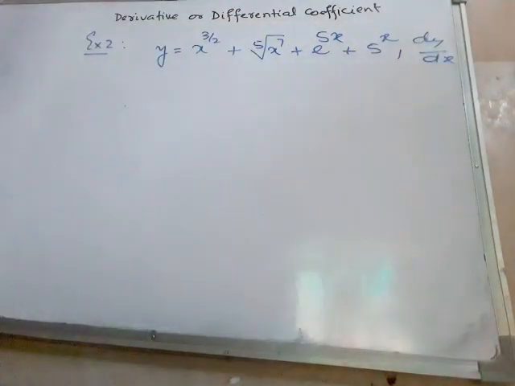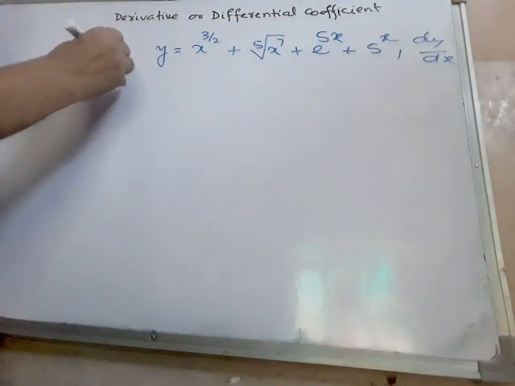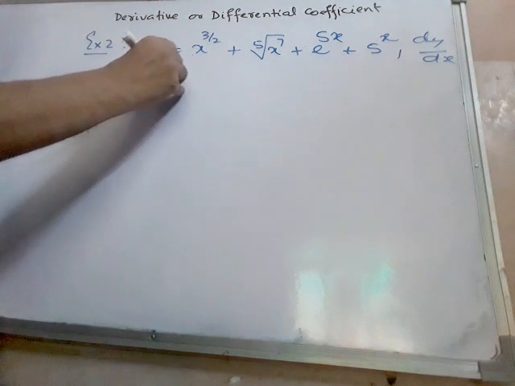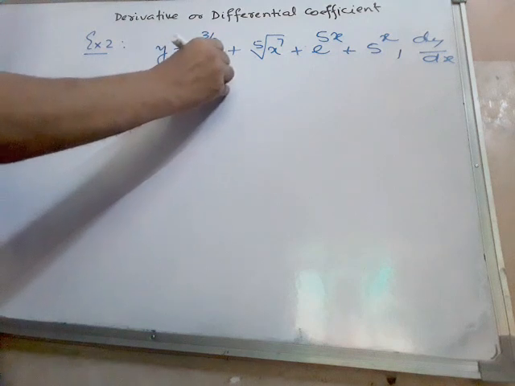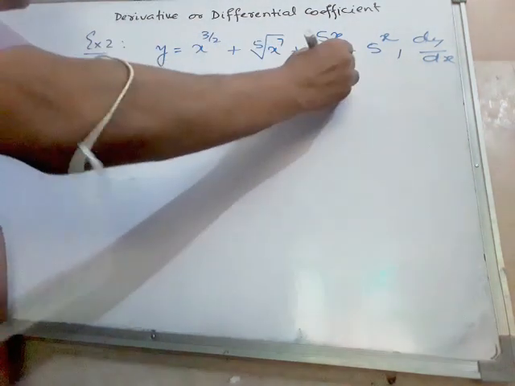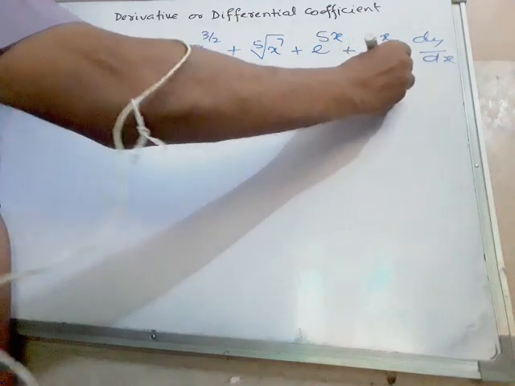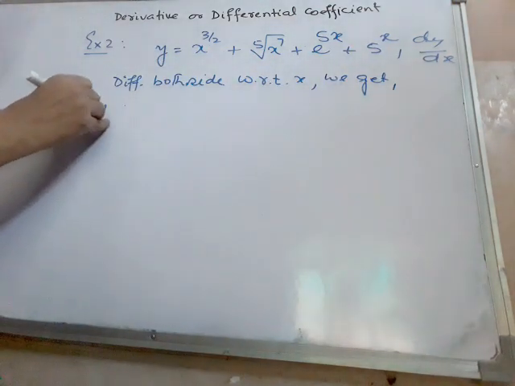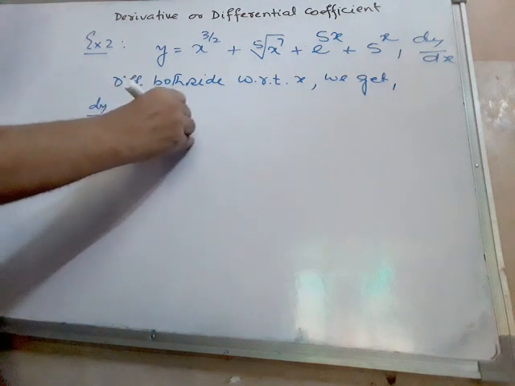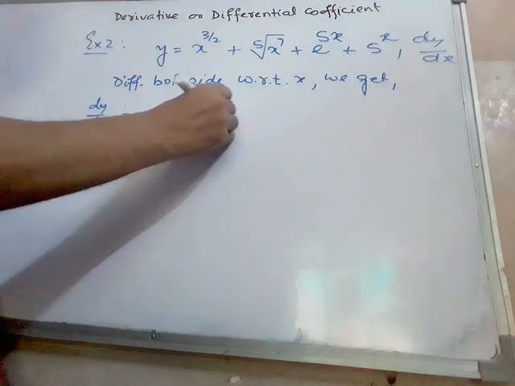Here also, differentiating both sides with respect to x, we get dy by dx equal to d/dx of x to the power 3 by 2.